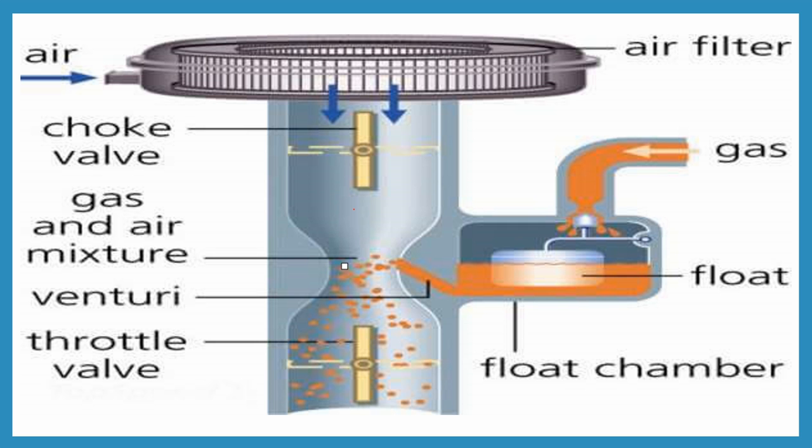Here the air and fuel are mixed in the proper way, and then the mixture is controlled by the throttling valve. So this is the basic construction of the carburetor.